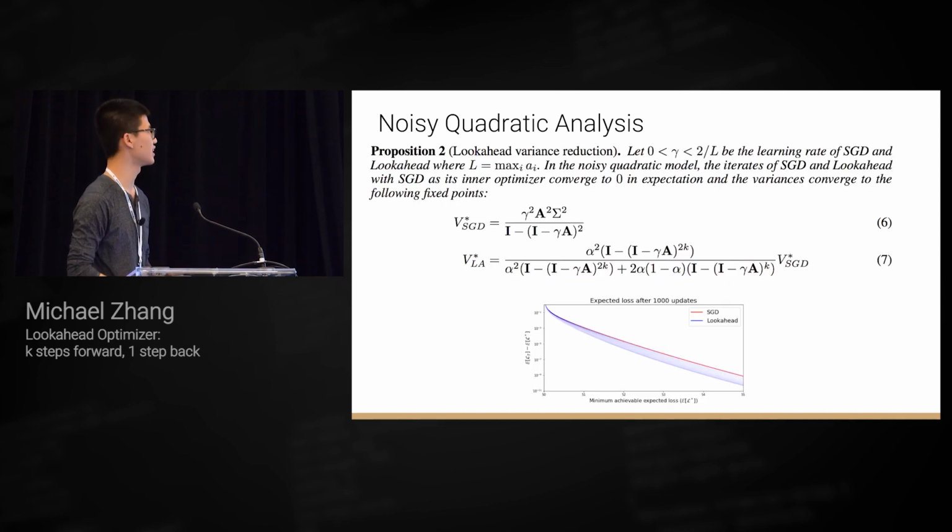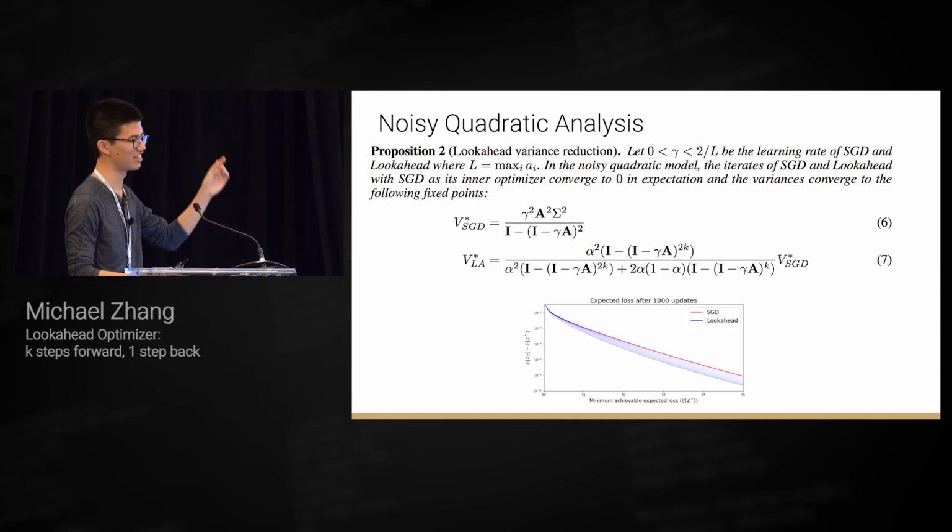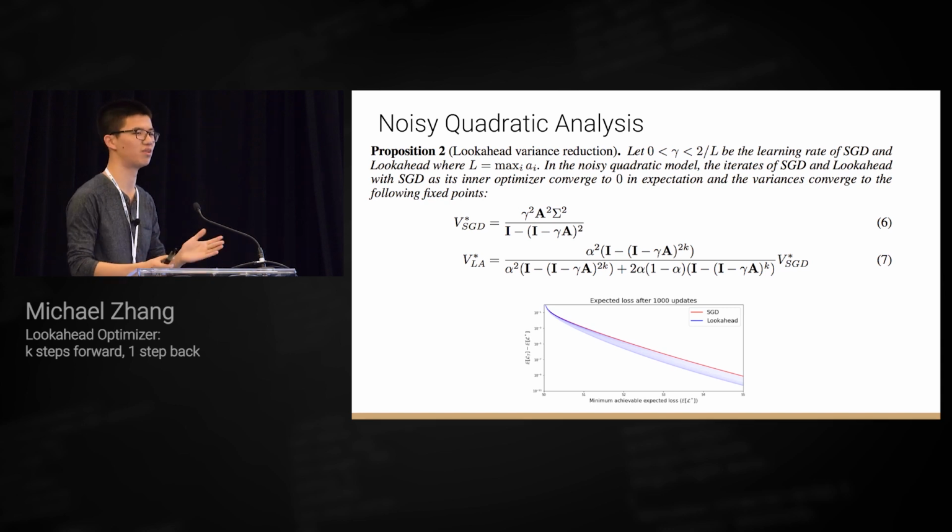So returning to Lookahead, what we can show is that if we use the same learning rate, Lookahead tends to reduce the steady state variance of the noisy quadratic model. The variance of using stochastic gradient descent gives you some fixed amount of variance. And if you apply Lookahead using SGD as the inner optimizer, we get this term at the beginning that's less than 1, so the final steady state variance is lower.